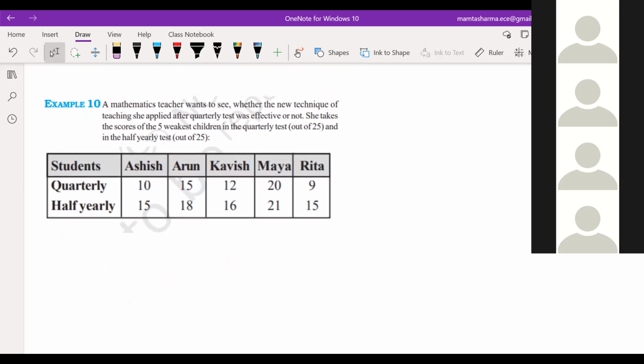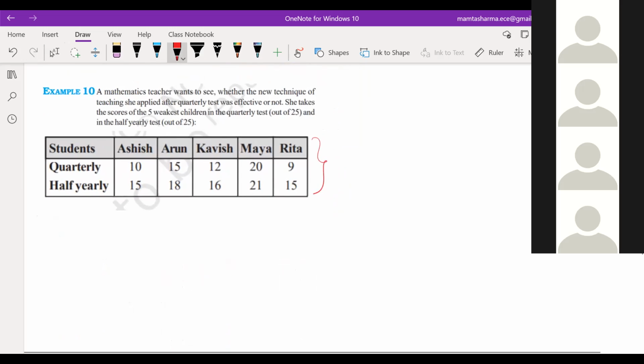Read this question and plot the double bar graph for this data. Take the scale as, what would be the scale? If the values are 10, 15, 12, 29, you can take a scale as 1 unit equal to 5.